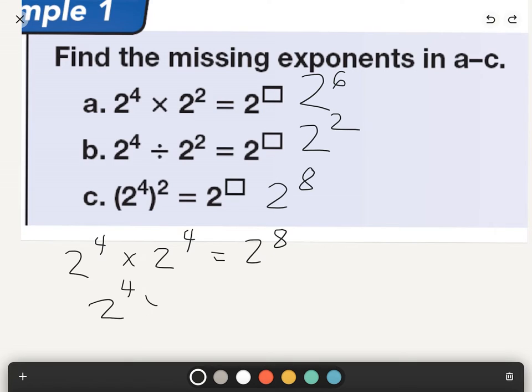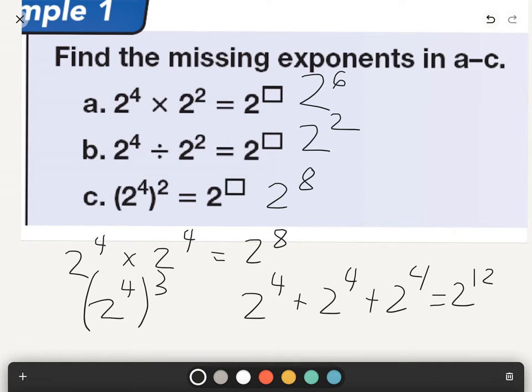Oh, you mean if this was a 3? Yeah. Well, we can do that as repeated addition and see. And yeah, it works, right? Good question. Yes, it should work in any situation, I would think.